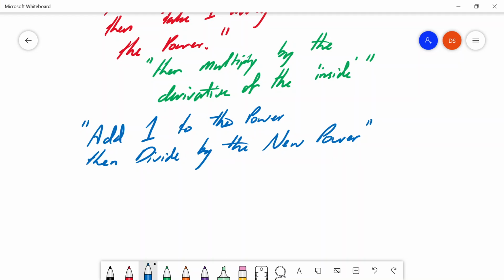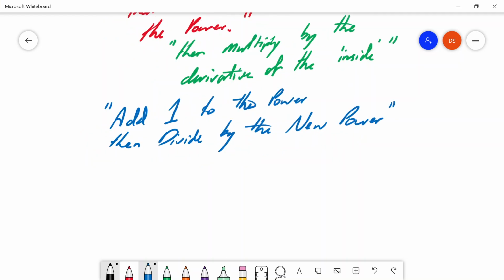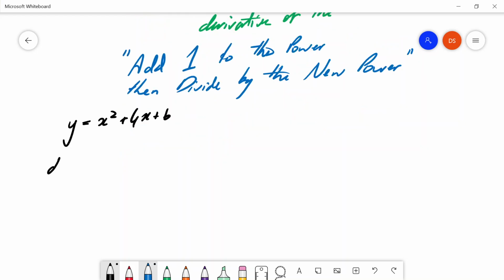Let's use this function and see if we can differentiate and then integrate back to the same thing. So there's x squared plus 4x plus 6. Let's differentiate. So dy by dx is equal to multiply by the power, take 1 off the power, for each term.